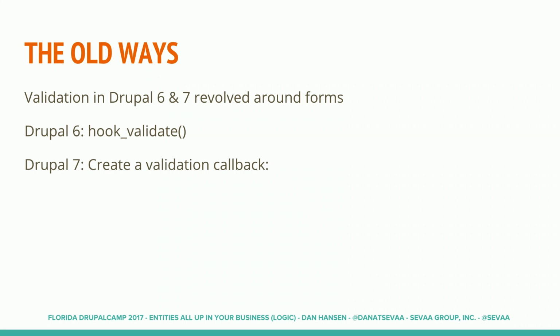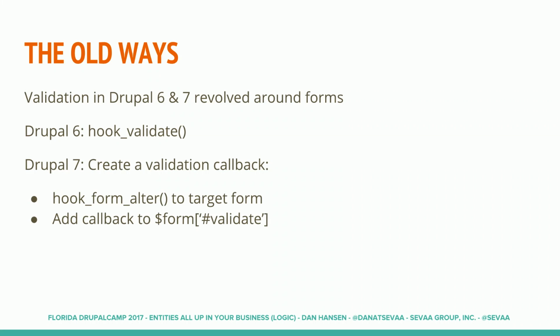Drupal 7, you kind of had hook validate still, but the proper way to do it was create a validation callback. You'd use hook form alter to actually hook into the target form using the form ID if you could, and then you'd add a callback to form validate.